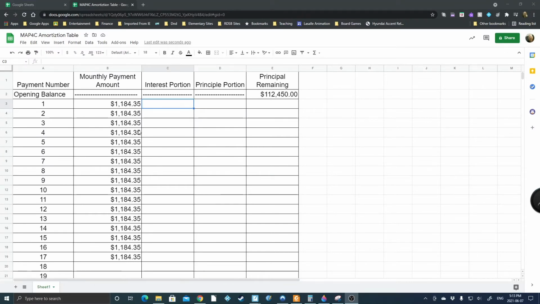So I'm going to show you on a spreadsheet here what happens if we continue doing this over and over again. So in this cell, I want to calculate the interest.